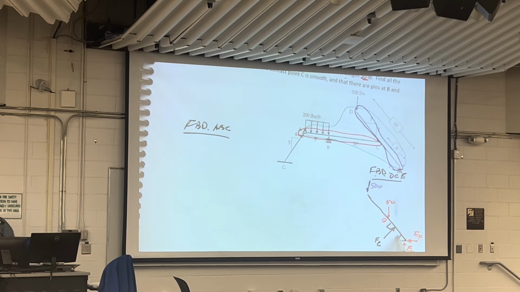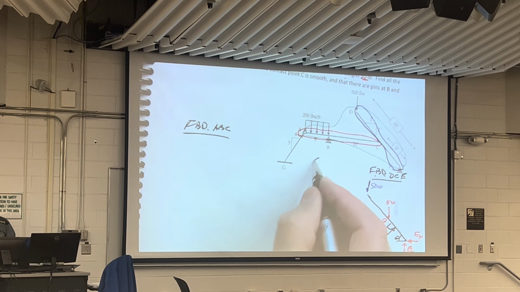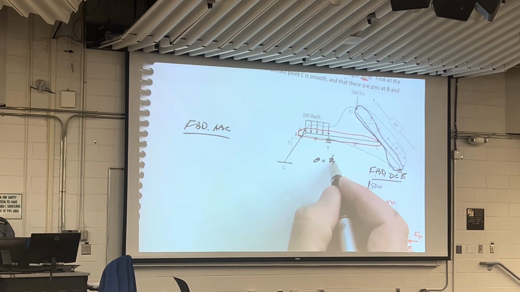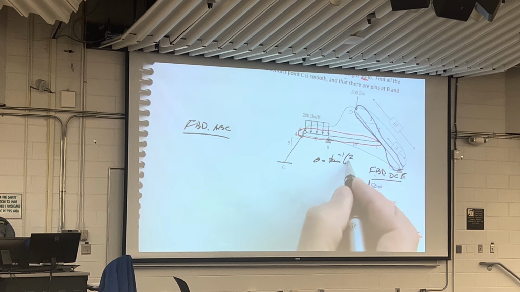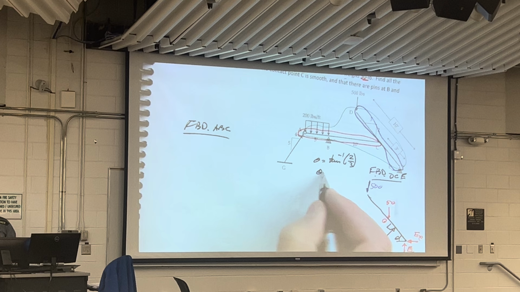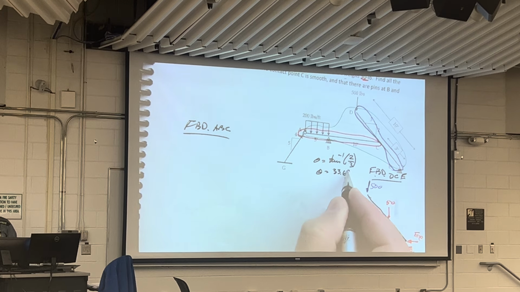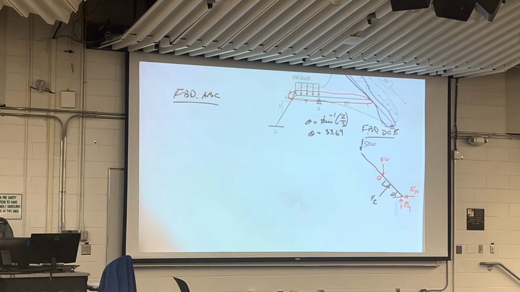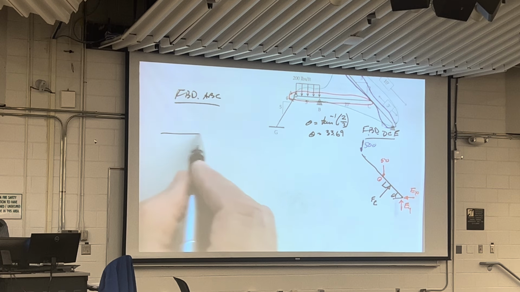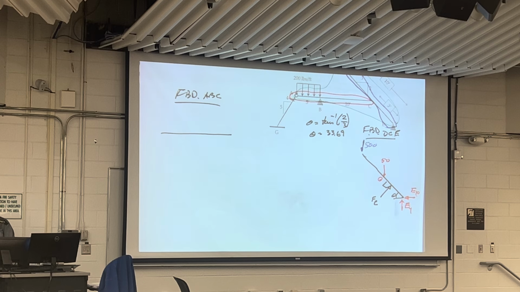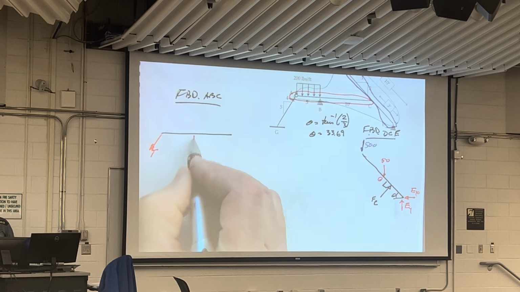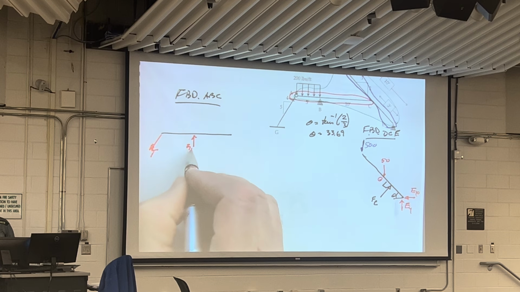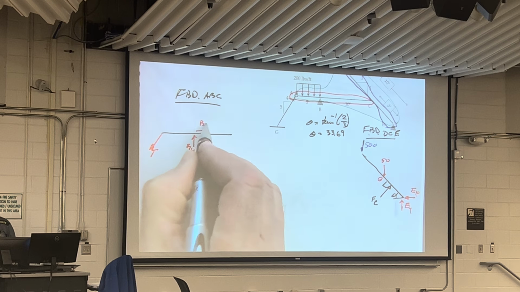And I can find this angle. This theta is tangent inverse of 2 over 3, so theta is equal to 33.69 degrees. Over here, we'll have that horizontal surface. I'll throw in a T, I'll throw in a BY, EX.